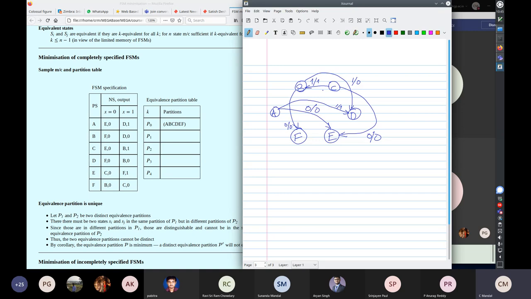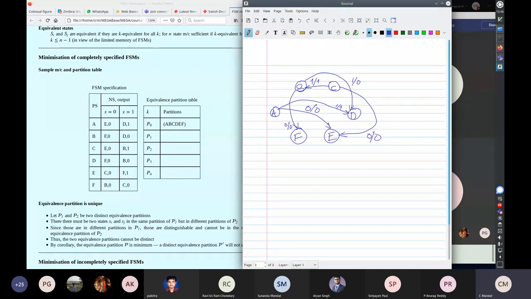Then D, on input 0, you go to F and you output a 0. And on input 1, you go to B. Sorry, I think I made a mistake.